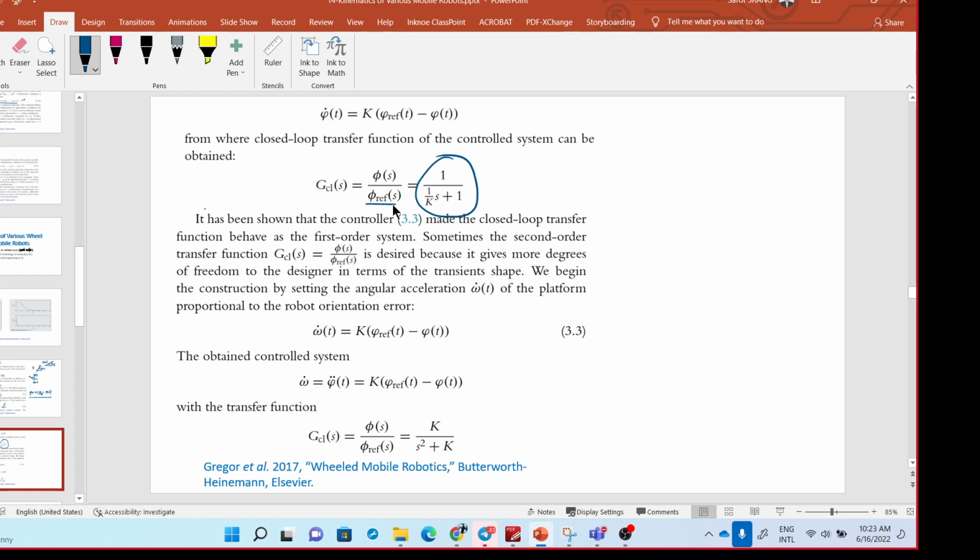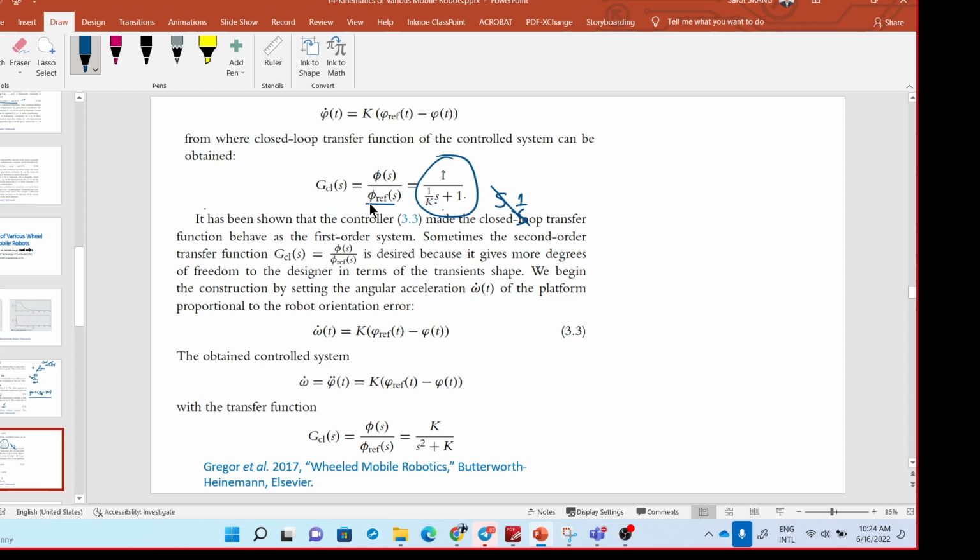Step response phi ref becomes 1 over s, and in the final value theorem you have another factor s that cancels with the 1 over s of the step transfer function. Then limit s approaching 0, you get 1, which means this equals this. Yeah, we can analyze in this way as well.